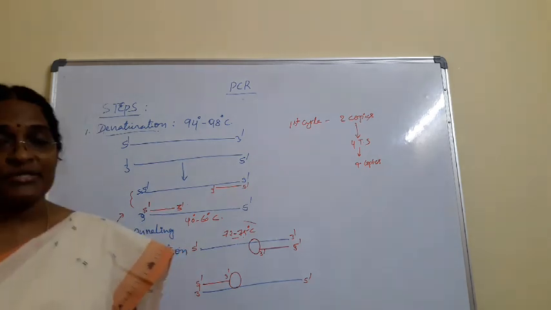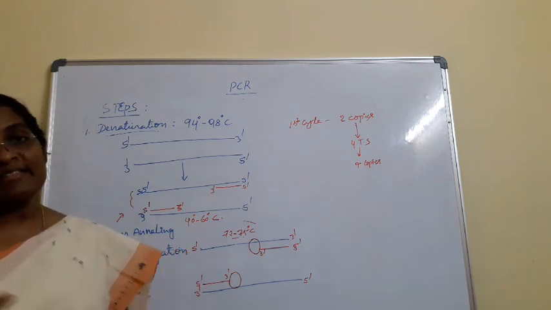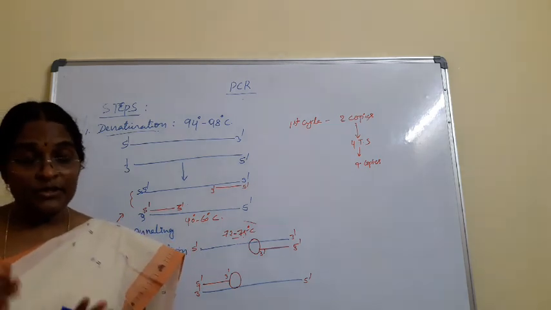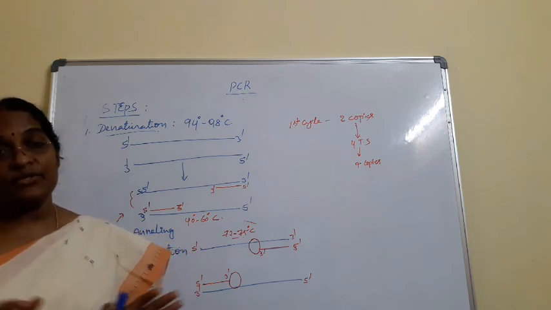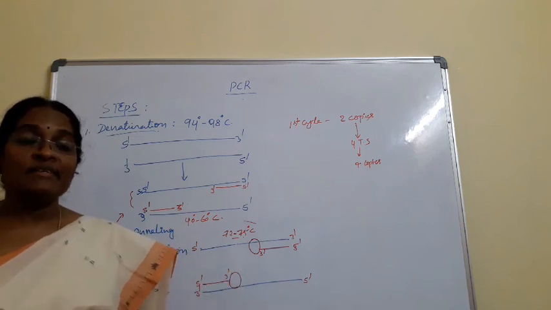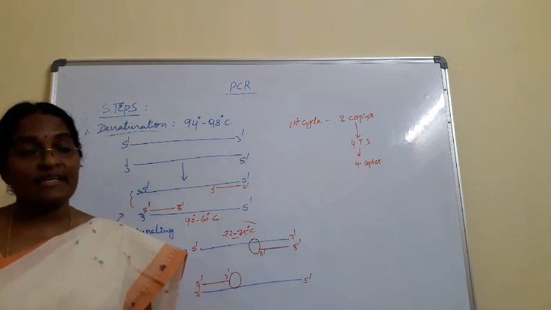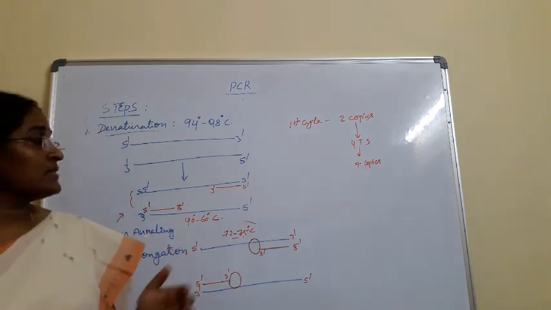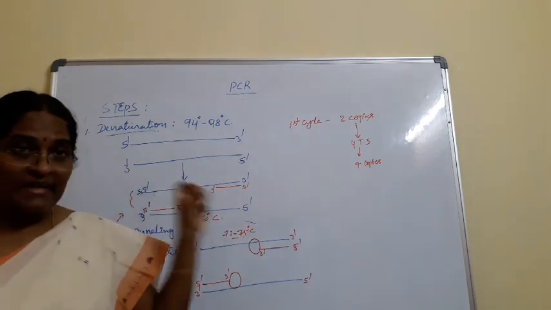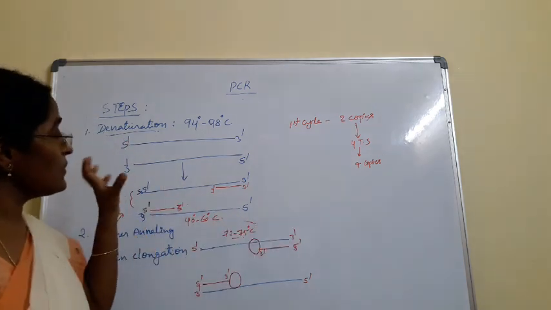PCR is also used in disease diagnosis, genome sequencing projects, agriculture testing, environmental studies and evolutionary studies. These are the main areas for using PCR.